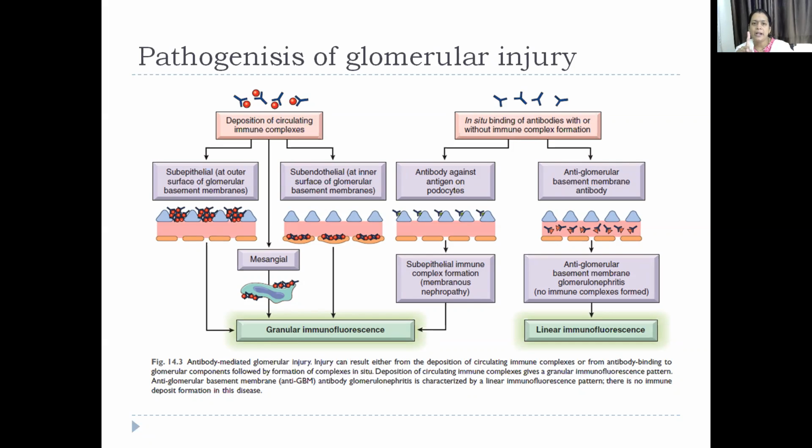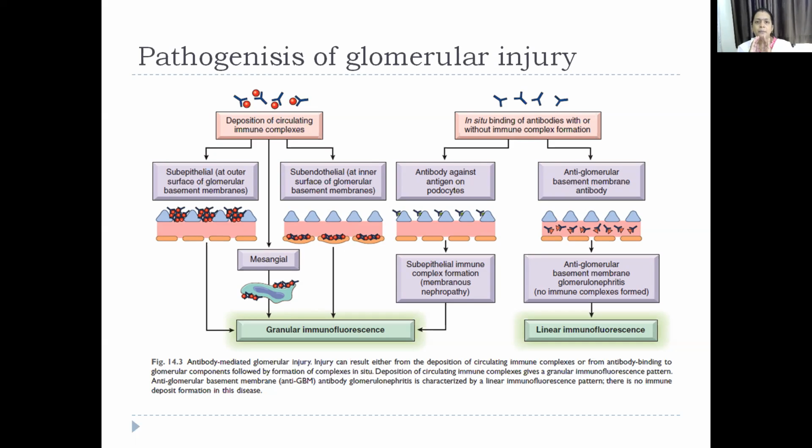The antibody mediated ones can be because of identifying an antigen that is already present in the kidney, or because of a circulating immune complex, or because of an antigen that is not normally present in the kidney but is planted there, and then the antibody comes and reacts to it. So in this way, we are having an antigen antibody reaction.